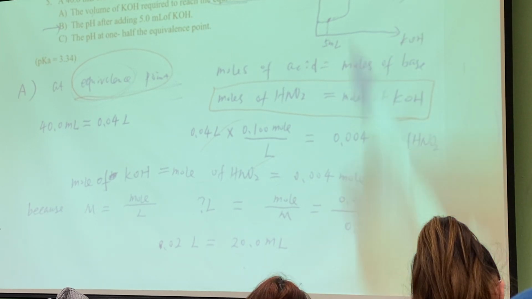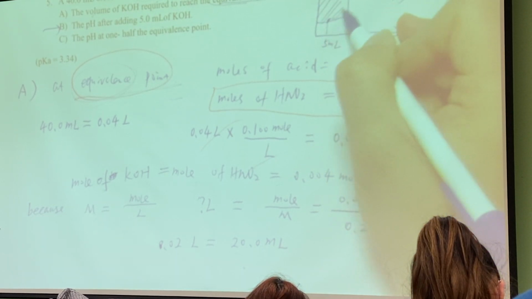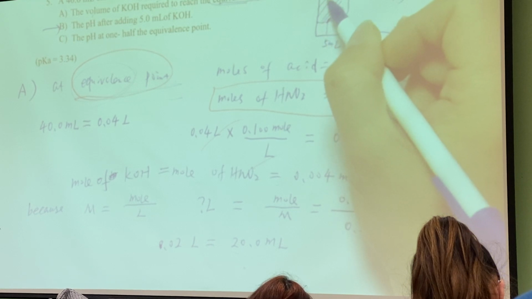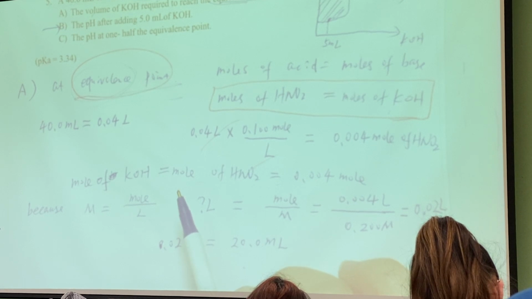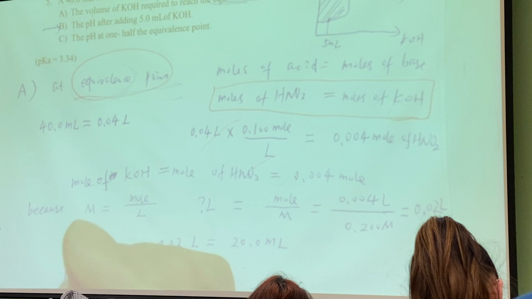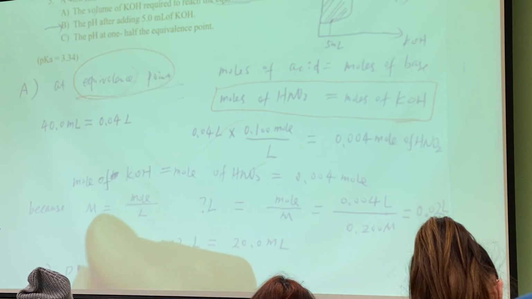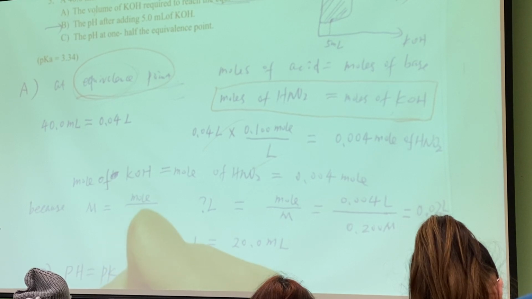So before you reach equivalence point, what did I tell you? It's a buffer, right? Because you have a weak acid there. So if it's a buffer, how to calculate pH? Henderson-Hasselbalch equation.